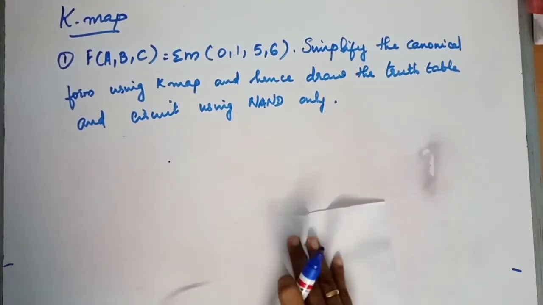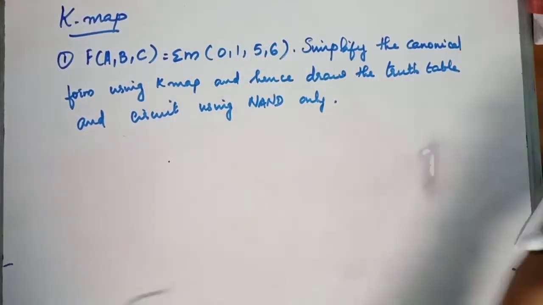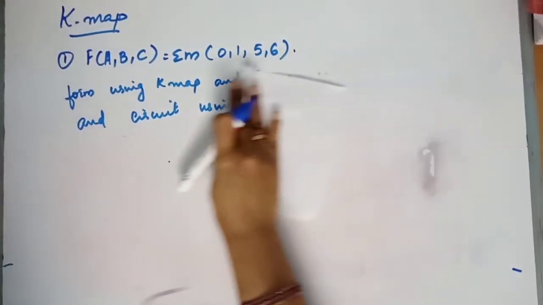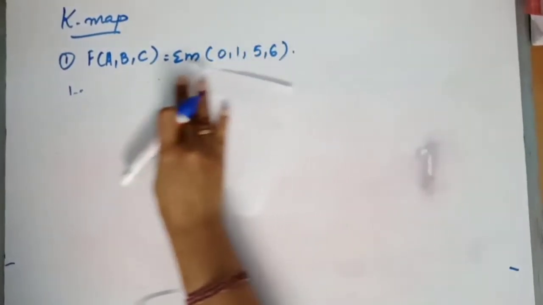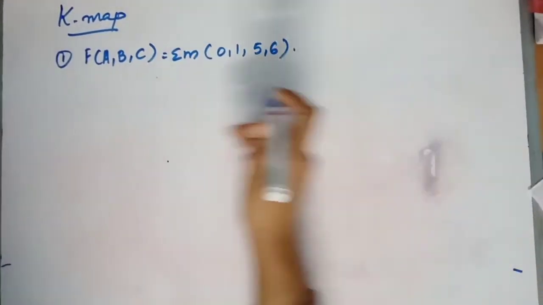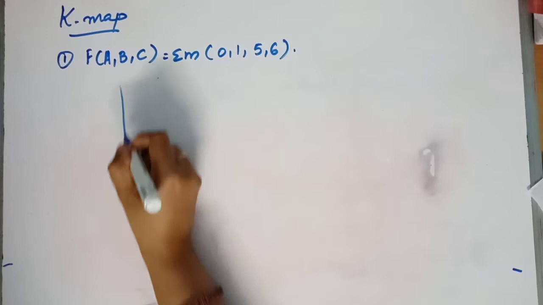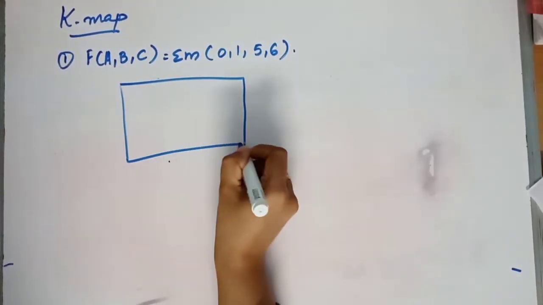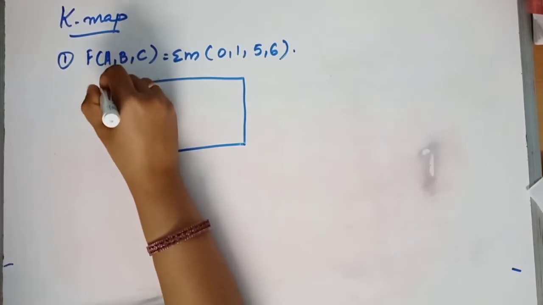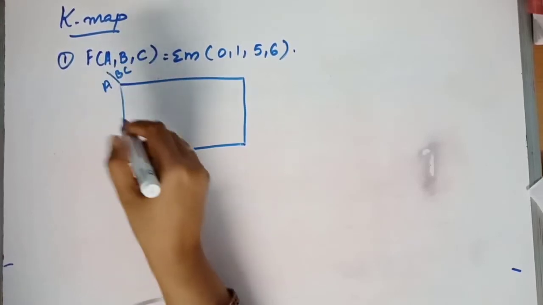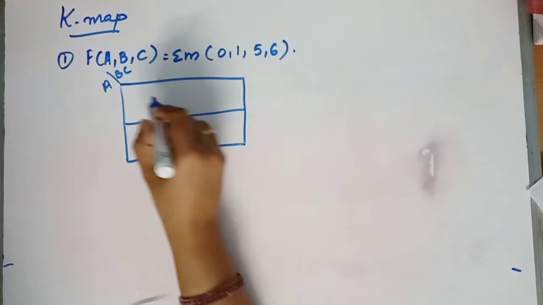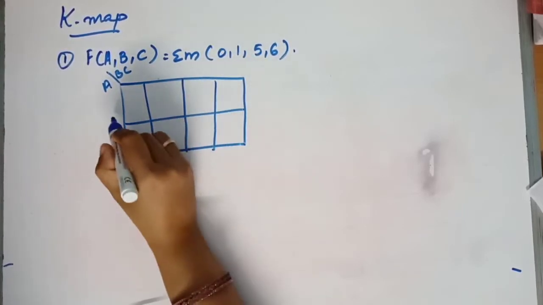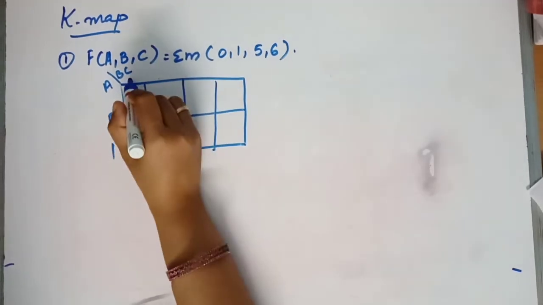So we have to, first, I just drop the question. So my K-map is A, B, C. A can take two values, 0, 1.